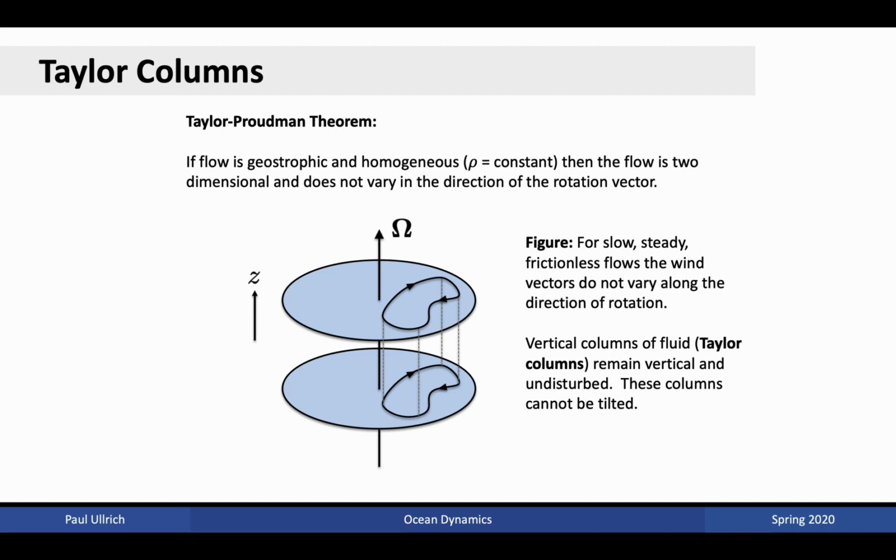So for slow, steady, frictionless flows, the flow vectors do not vary along this direction of rotation. Vertical columns of fluid that then emerge remain vertical and undisturbed. These vertical columns of fluid, although they can shift position and deform around the tank, cannot be tilted. That is, the velocities are the same regardless of depth.